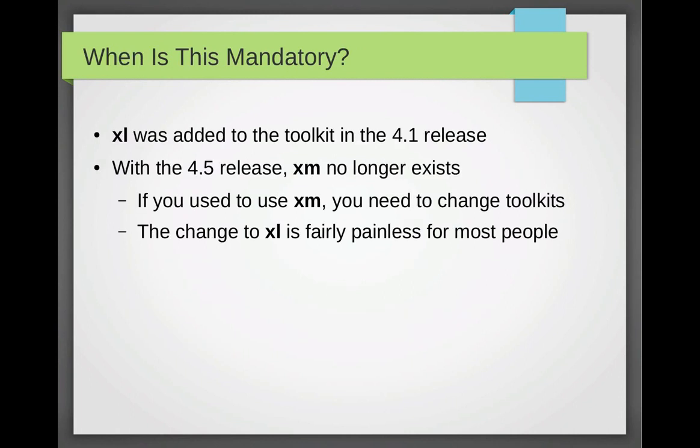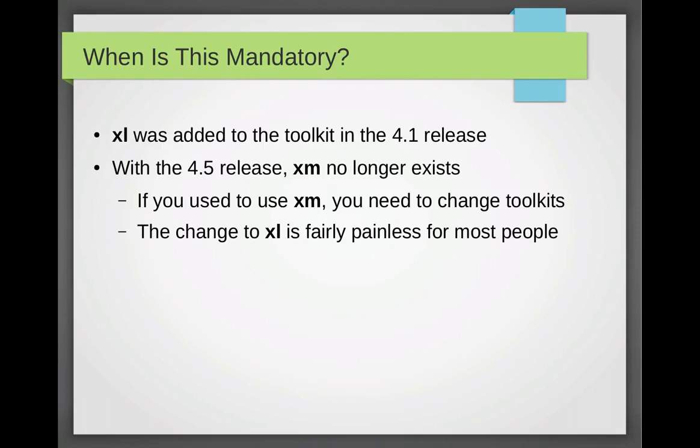Now, when does this become a mandatory changeover? Well, XL was introduced with the 4.1 release of Xen Project. With 4.5, XM no longer exists. So if you're using 4.5 or beyond, you must work in XL or you must use libvirt or Zappy.